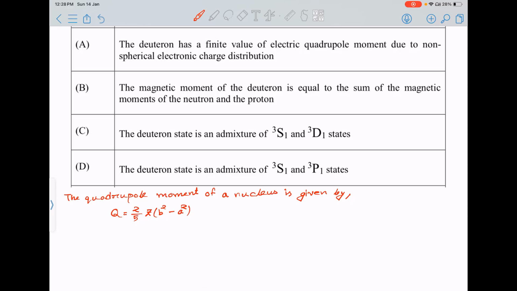So for B equals to A, we will have Q equals to 0.